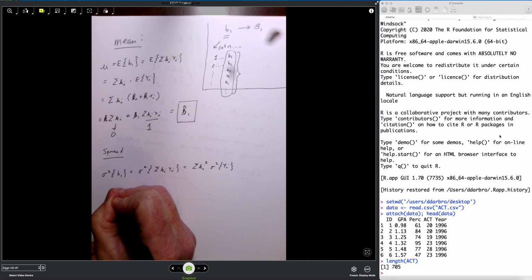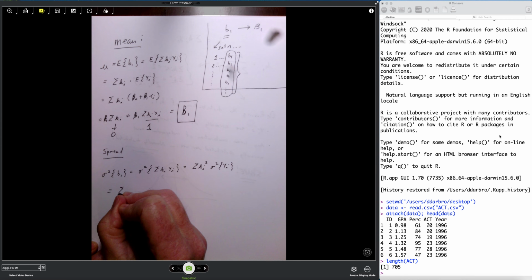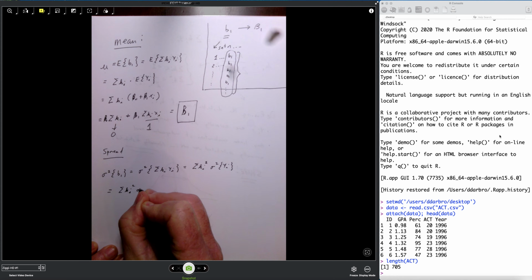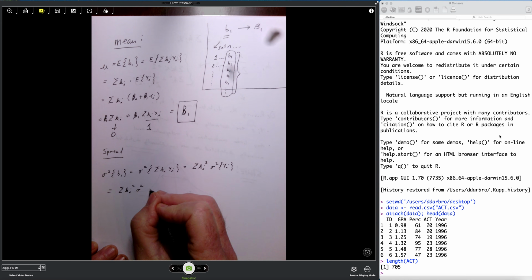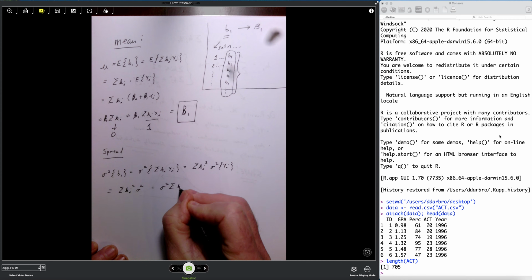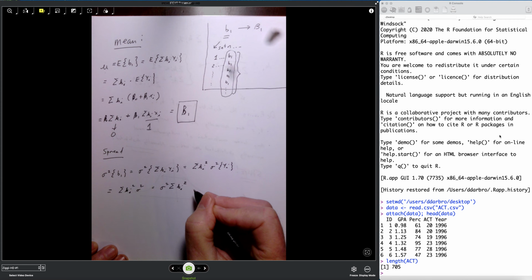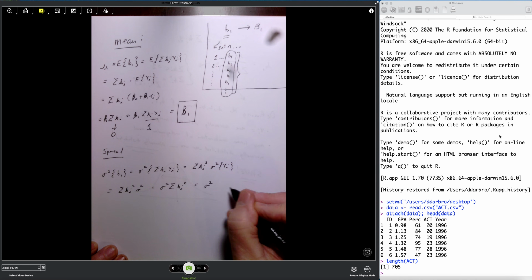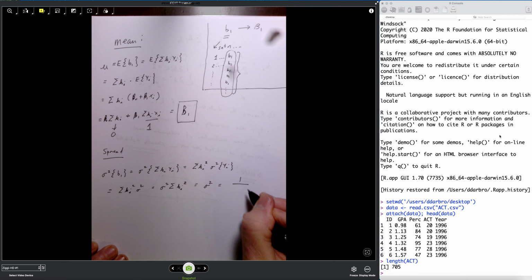Now, this will be equal to the sum of the k sub i squared times the variance. Pull the variance out, times the sum of the k sub i squared. We know from the previous page that this will be equal to sigma squared times 1 over the sum of the deviations squared.